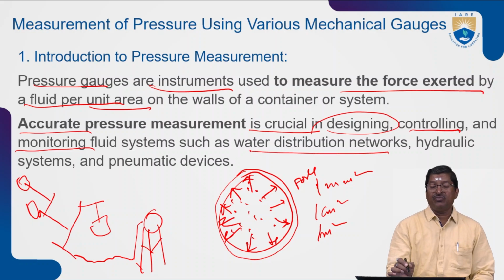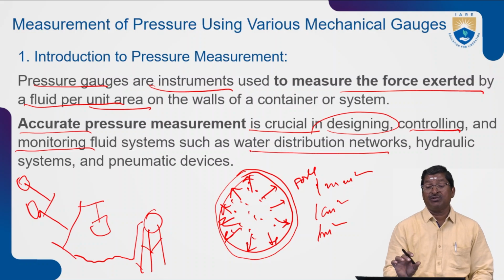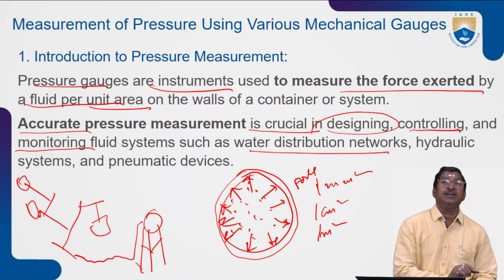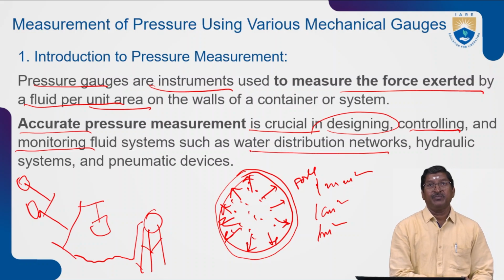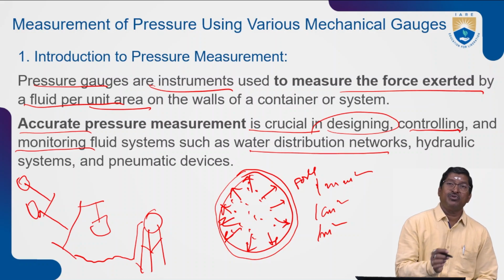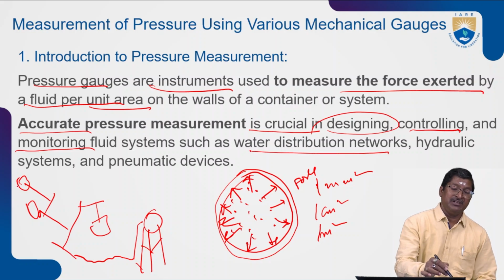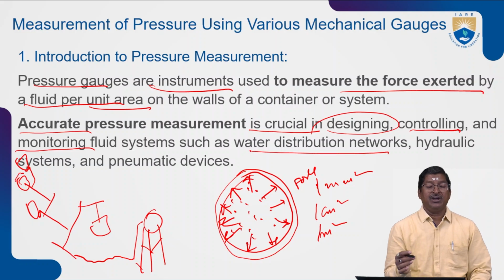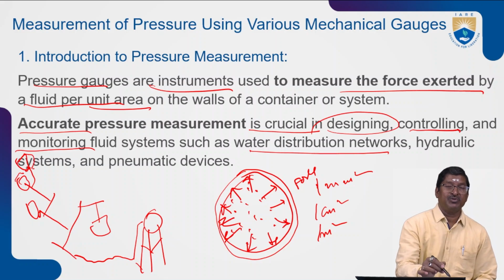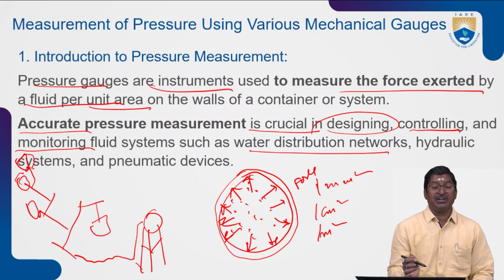If you want to maintain it properly, monitor it and control it, you have to measure the pressure inside that particular pipe. Otherwise, in case of low pressure, what will happen? The water will not reach the farthest house. The people there will not get water because of the very low pressure.